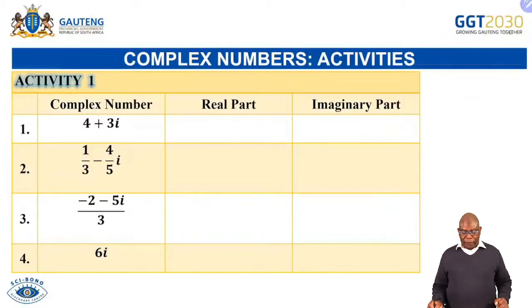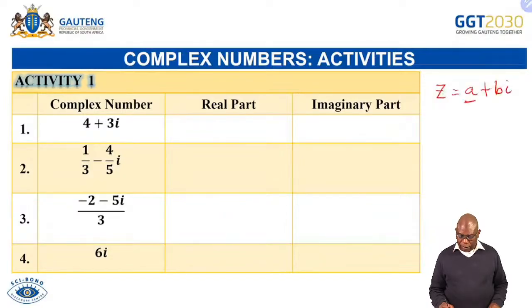Now, activity number one, complex numbers. This is a very easy activity. First thing you must remember is that the complex number will be written as A plus BI. This is the real part. This is the imaginary. Right.